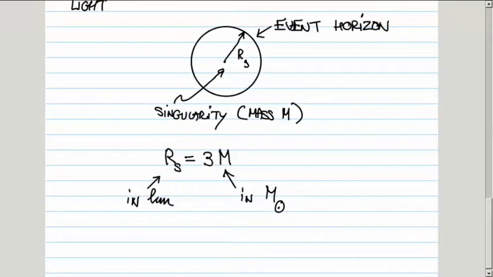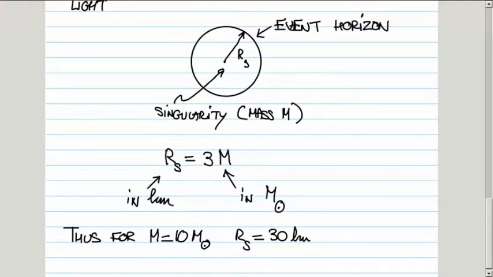So if I had a black hole or an object of the mass, say, 10 solar masses, then the corresponding Schwarzschild radius would be 30 kilometers. And the bigger the mass, the larger is the radius of the event horizon.